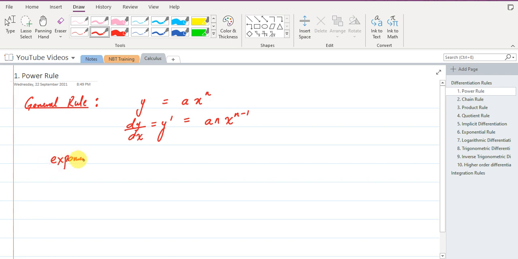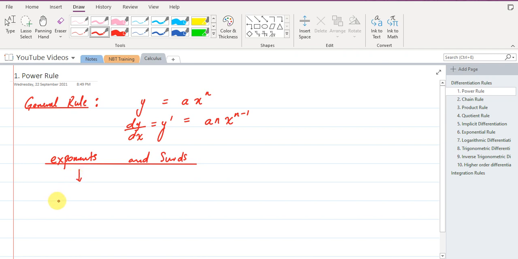Exponents and surds. In exponents, what we need to look at is how to change from negative exponents to positive exponents.